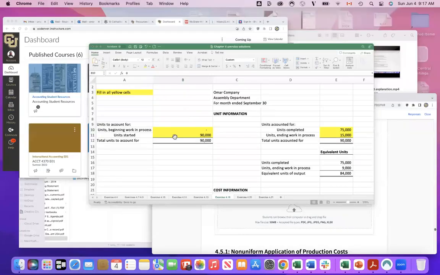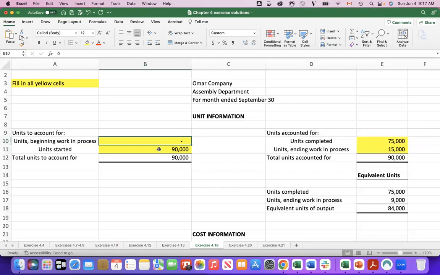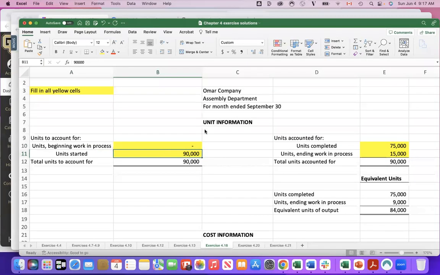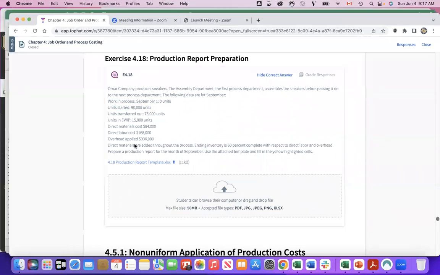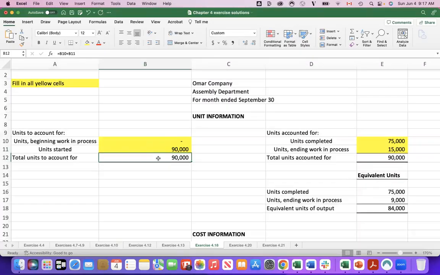So that's an easy one. We enter 0. Units that were started during the month were 90,000 units. So if we had nothing to begin with, we started 90,000 units. The amount of units that we are working on at various stages is 90,000 units. So that's how many units we have to account for in this production report.